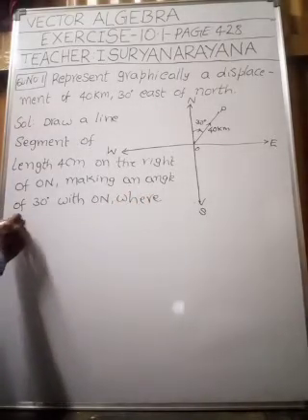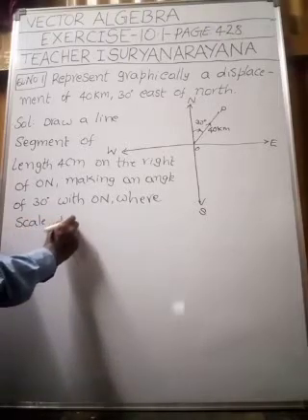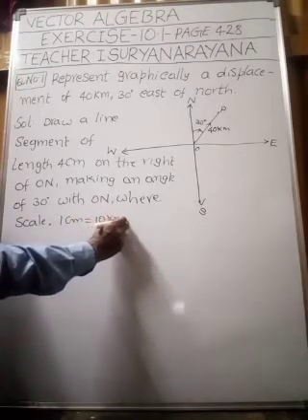Here the scale is 1 centimeter is equal to 10 kilometers.